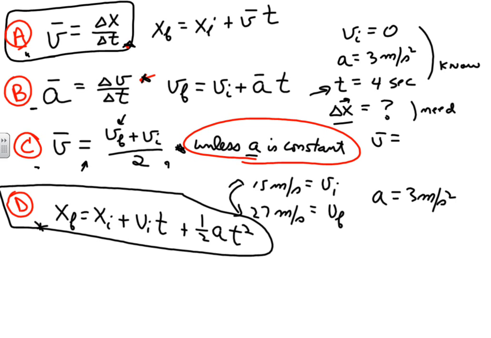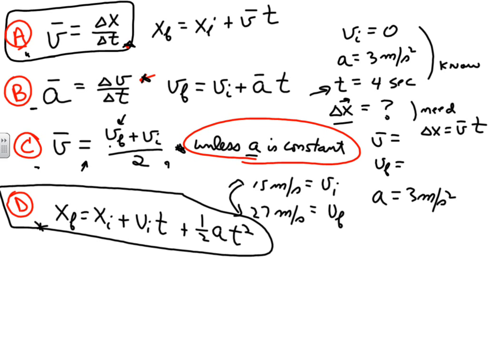Delta x equals V average times T, but I don't have V average. So what's V average? Well, I use equation C, but in equation C, I need V final. Even though nobody asked for it, I need V final.